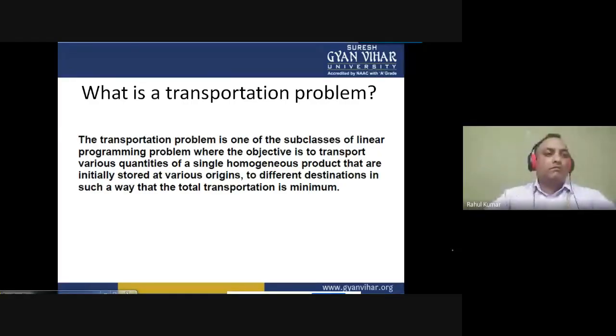Suppose this is a problem related to transferring products from factory 1, with different varieties of product. The best example is the Flipkart company.